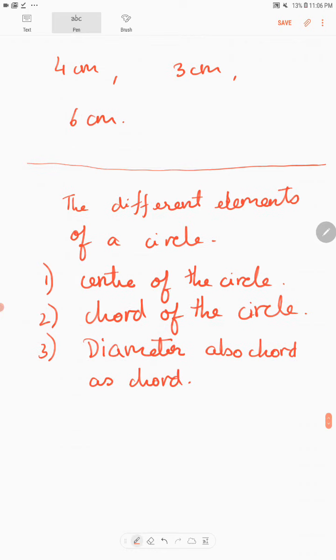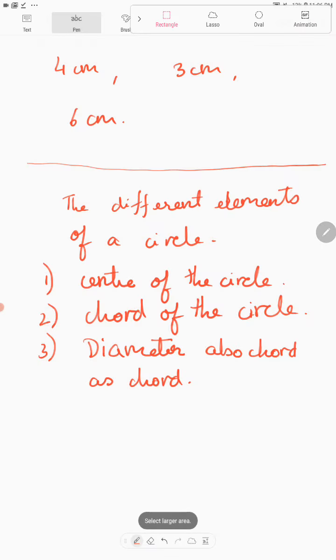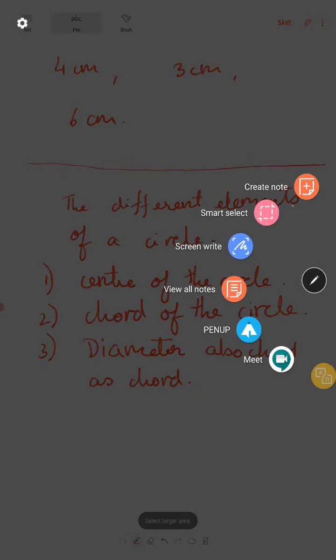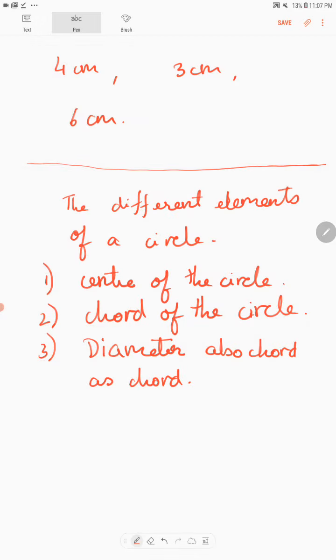No sorry, the diameter is not called a chord; the diameter is also a chord.